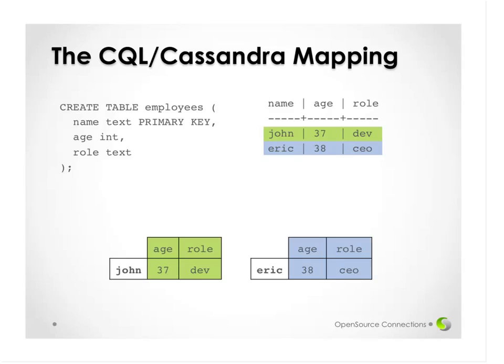Now, it might be a little bit deceiving at first because they look pretty much the same, don't they? There's 2 rows in both cases, and it looks like there's 2 columns. But note that there is a difference.